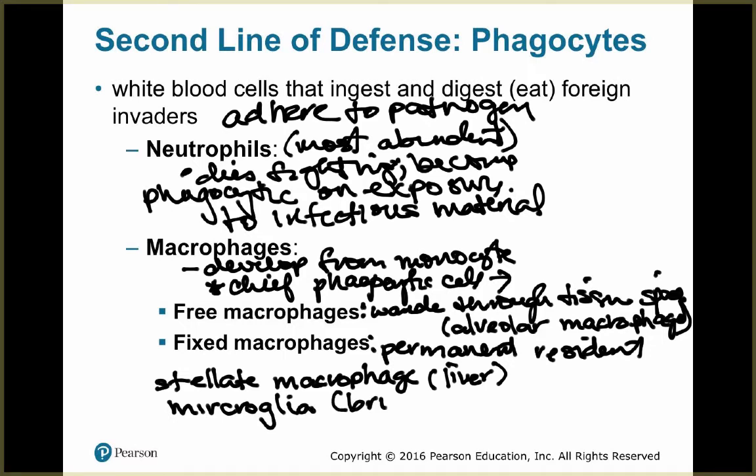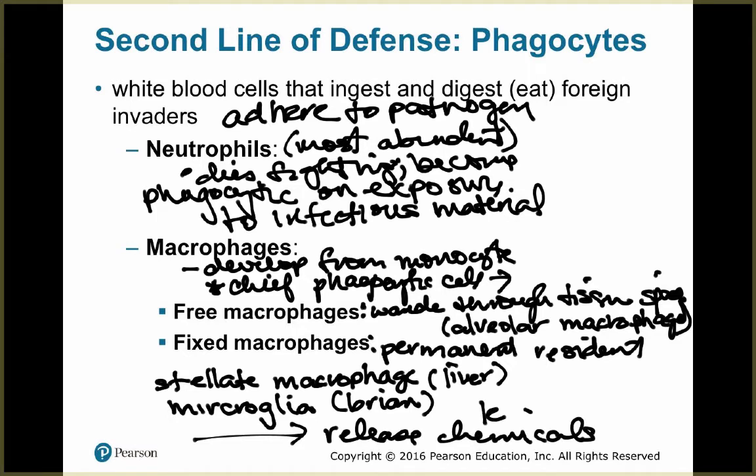These guys are hanging out in the brain. And so you have both of these guys working depending on tissue. And when the macrophages can't do their job, they'll release lethal chemicals to try to do it. And so that talks a little bit about the types of phagocytes.